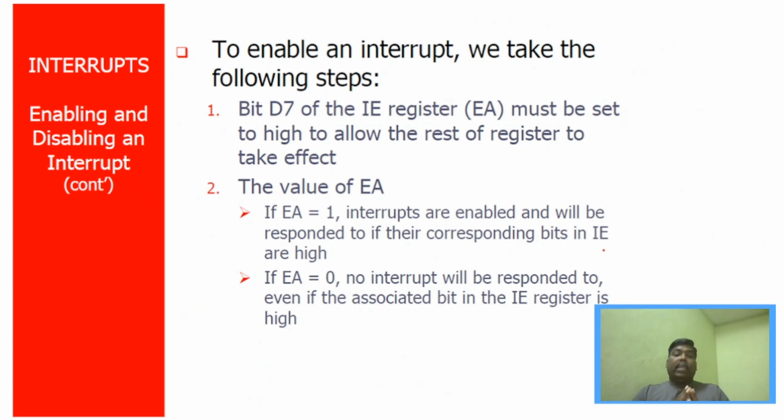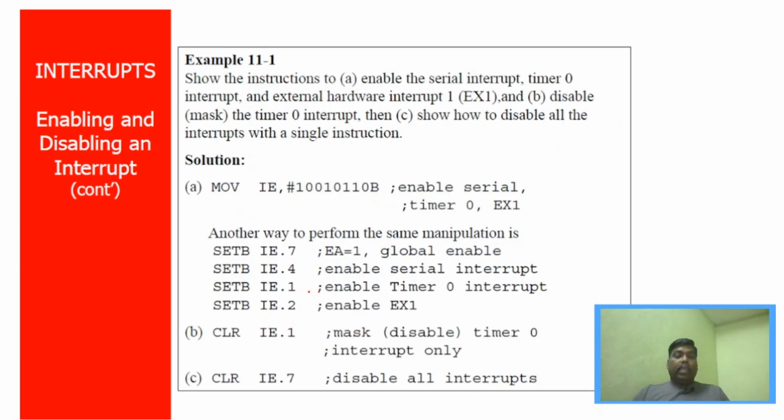To enable any particular interrupt, this EA bit, that is bit 7, D7, must be set to high, right? The corresponding interrupt must be 1 and EA must also be 1. If EA is 0, then it will disable all the interrupts. Then there is no interrupt at all, right? So this is very basic information for 8051 interrupts.